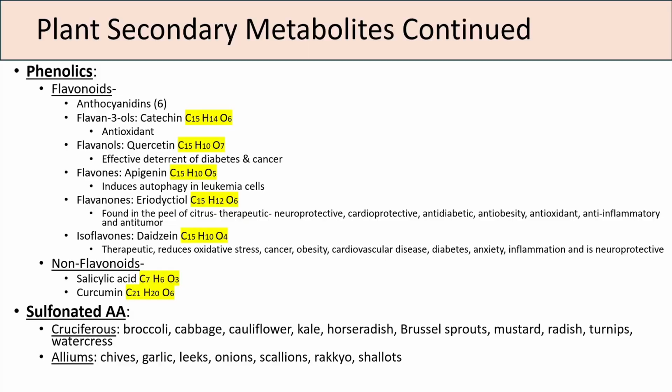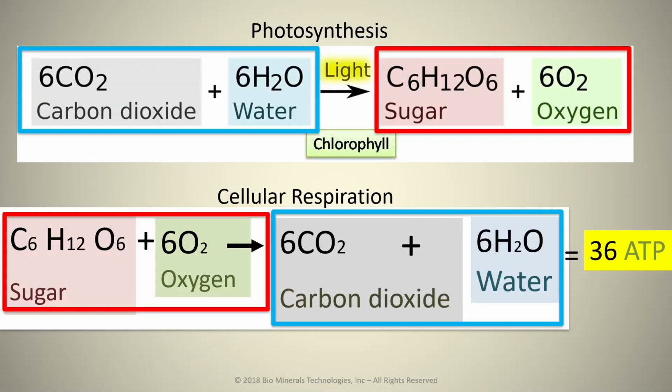It's very interesting to note the process of photosynthesis, where we take carbon dioxide and water and turn it into sugar and oxygen. Cellular respiration, wherein our mitochondria now takes the sugars with oxygen, we turn it back into carbon dioxide and water at the time that we produce the ATP energy through our cellular respiration.